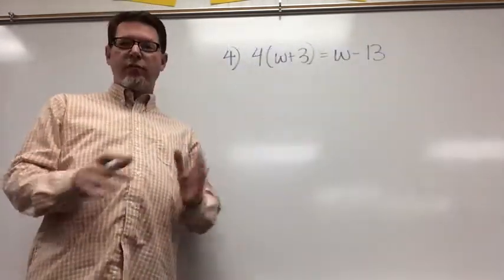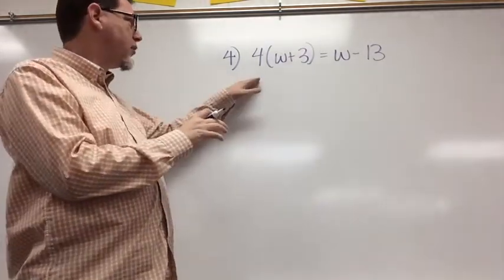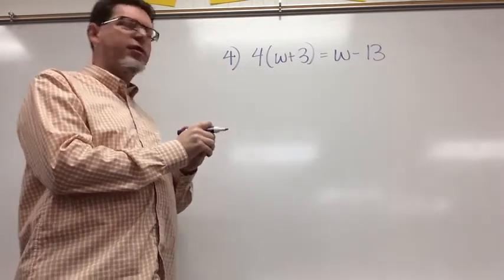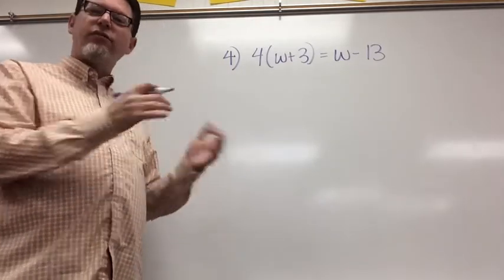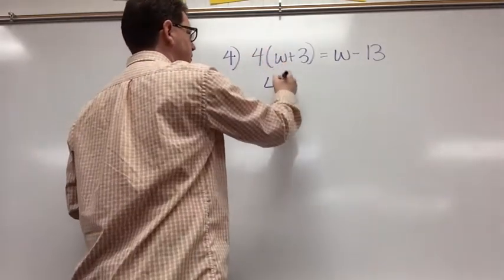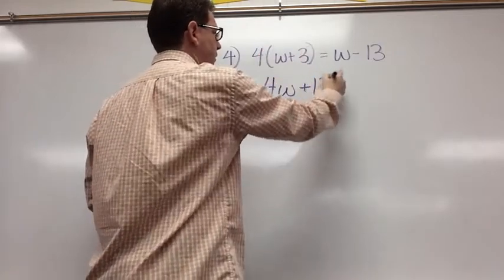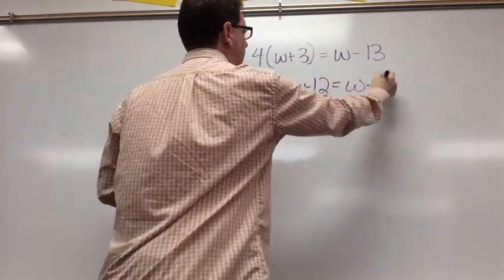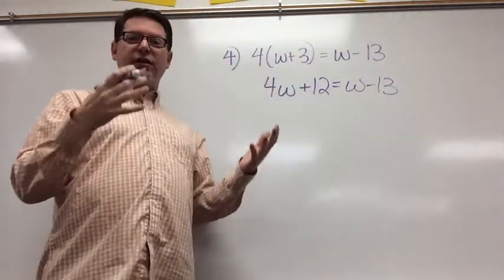Our next problem, where we're going to demonstrate that same magic again, is 4 times the quantity of w plus 3 equals w minus 13. So the first thing we have to do again is distributive property. So 4 times w is 4w. 4 times positive 3 is positive 12 equals w minus 13. Now, where is our largest variable?